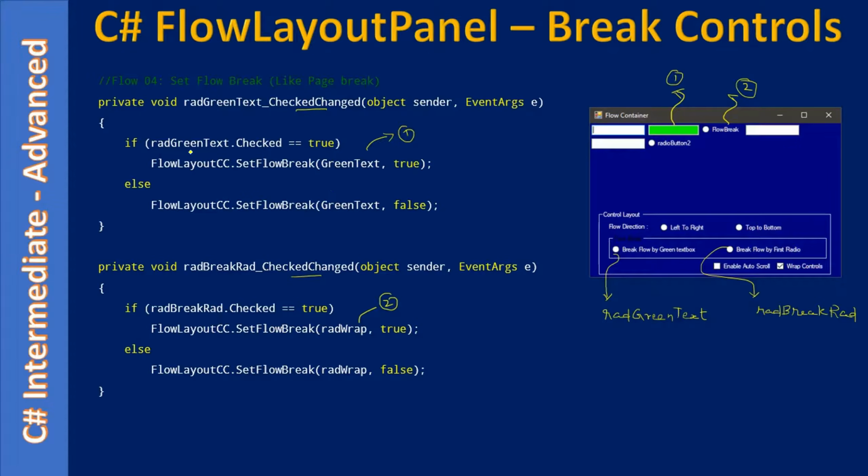So if you see radGreenText.Checked, when this is in checked state, then we are accessing our flowLayoutCC.